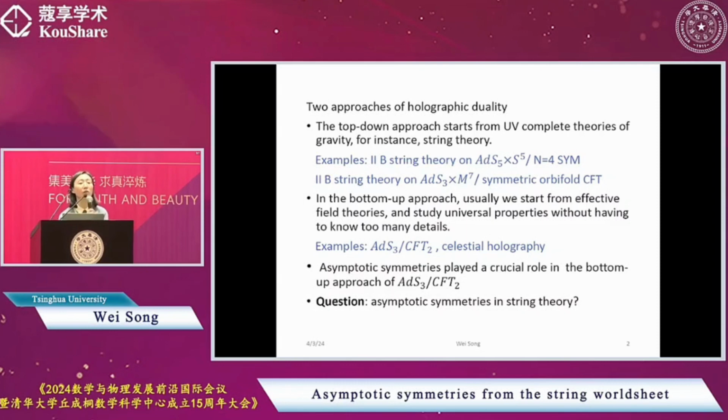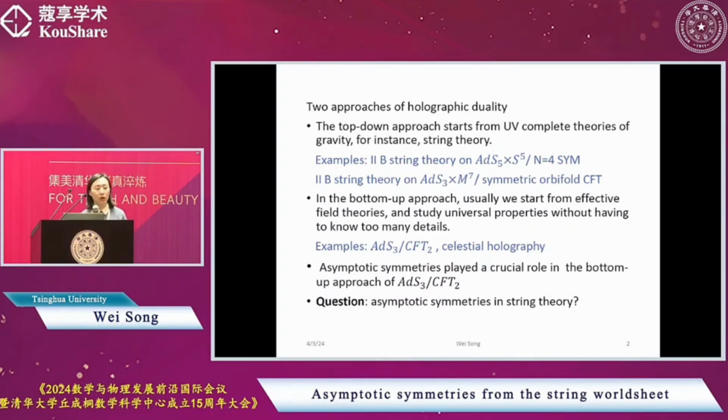And there is also a three-dimensional version of that, type IIB string theory on AdS3 together with some seven-dimensional internal manifold. And this is holographically dual to a two-dimensional conformal field theory. Of course, there are lots of other examples which you can construct from string theory, and this is the side of gravity.